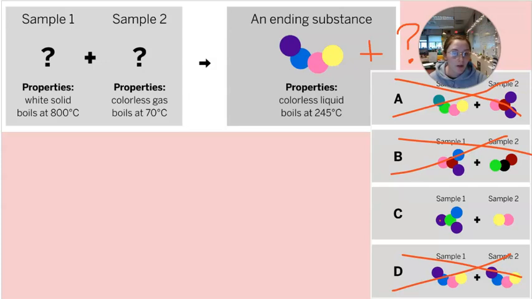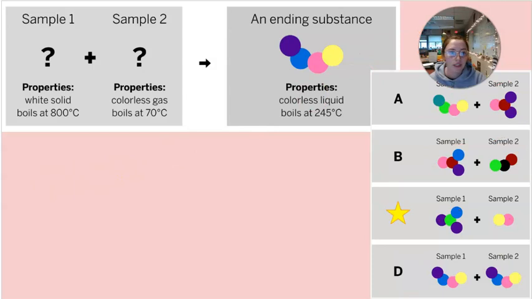I have a purple, a blue, a pink, and a yellow. They're all there. This is also telling me that this mystery substance here has to be a green and a purple, because that's what's left over. So we should see that it's C. With me, hopefully.